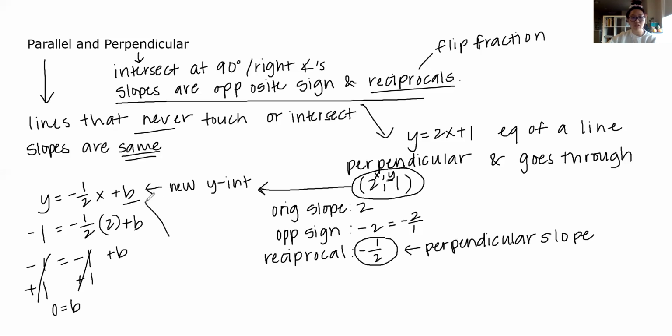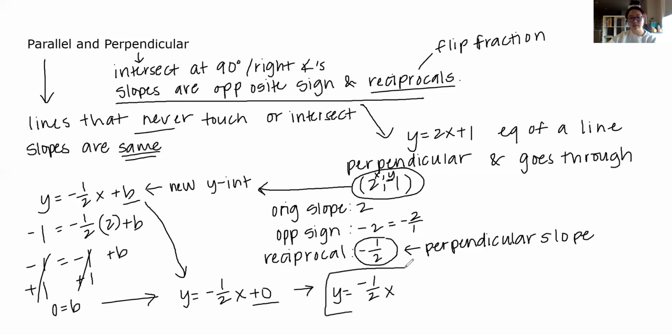So my new equation is y = -1/2 x + 0, but 0 does not have a value, so it's the same thing as writing y = -1/2 x. And that is your example for writing a perpendicular equation.